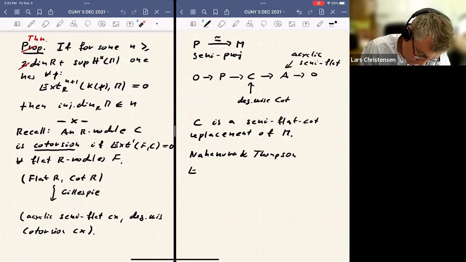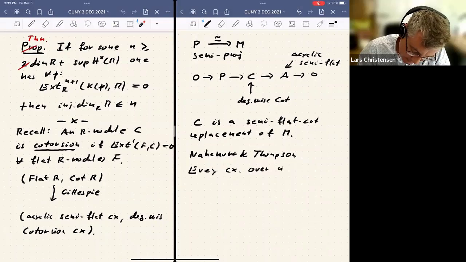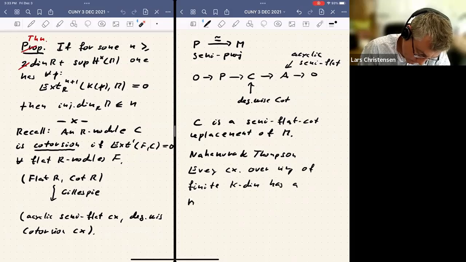So every complex over a ring of, I mean, it's actually true in general, but I'll use the result finite Krull dimension has a minimal semi-flat cotorsion replacement.